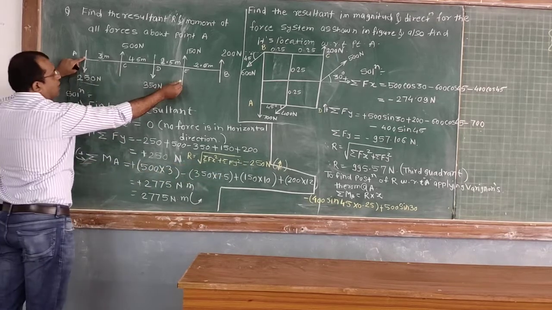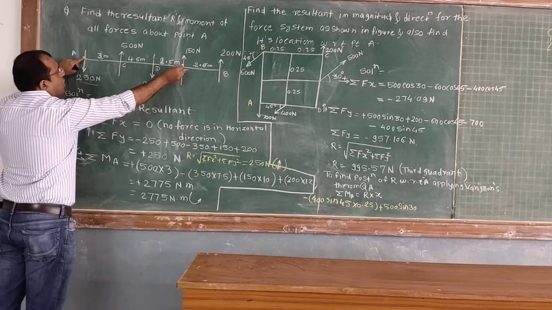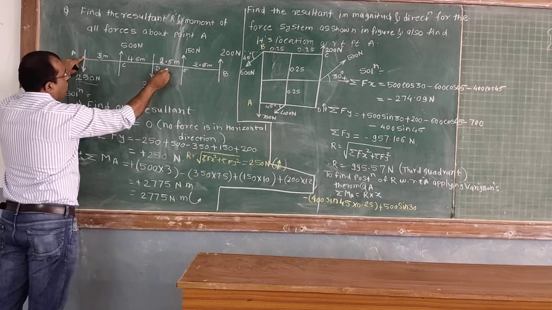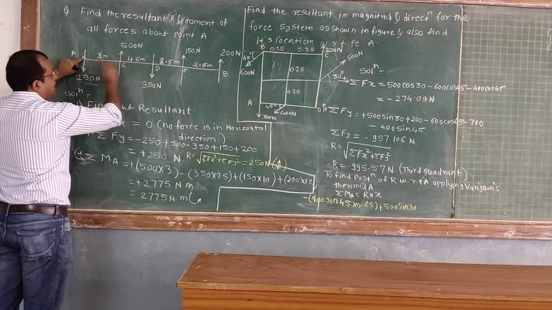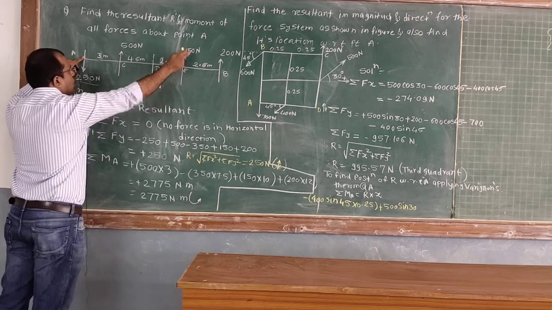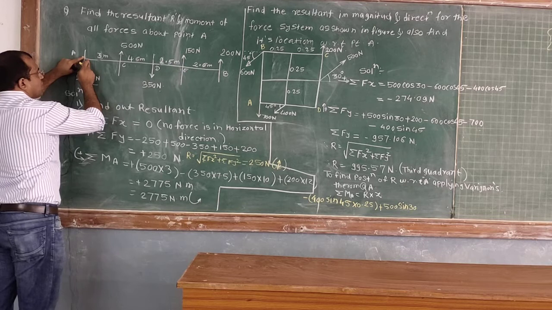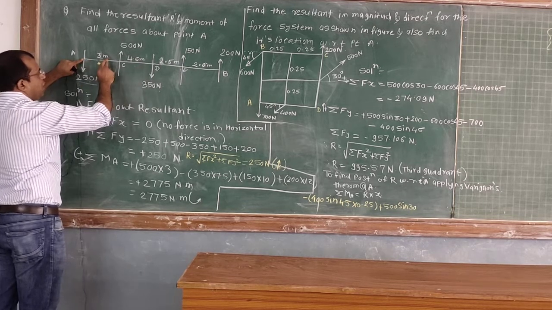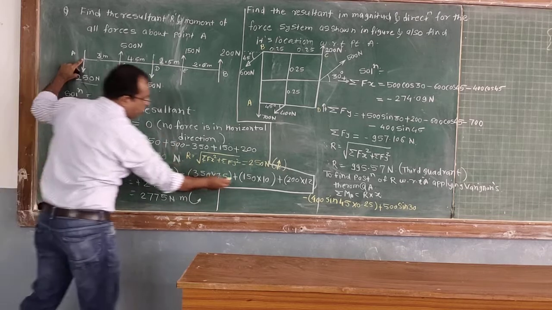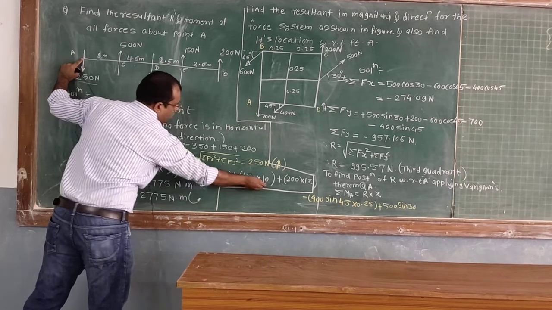Let's come to the next force, 150 Newton. What is the perpendicular distance? 3 plus 4.5 plus 2.5, that is 10 meter. This total distance is 10 meter. The force 150 Newton multiplied by the perpendicular distance 10. So 150 into 10 creates the moment in the anti-clockwise direction. Therefore it is positive, so plus 150 into 10.